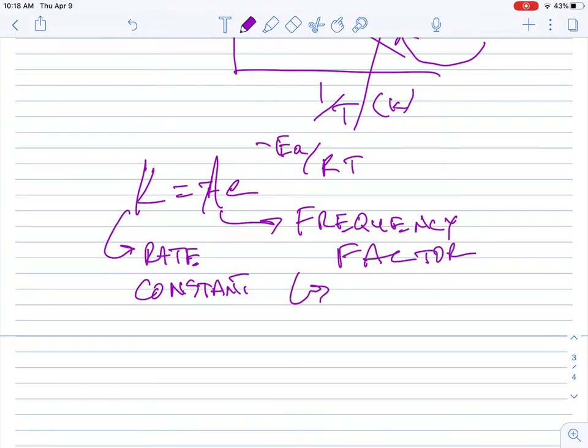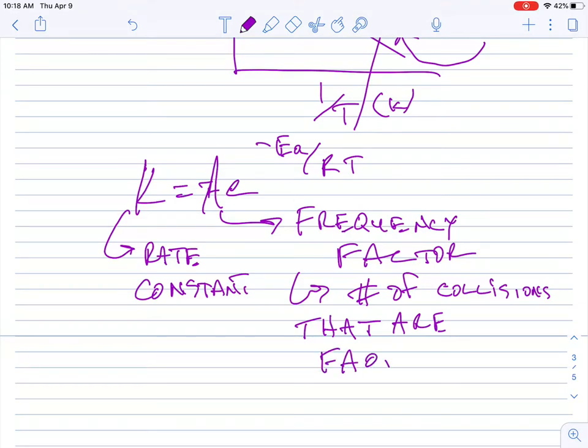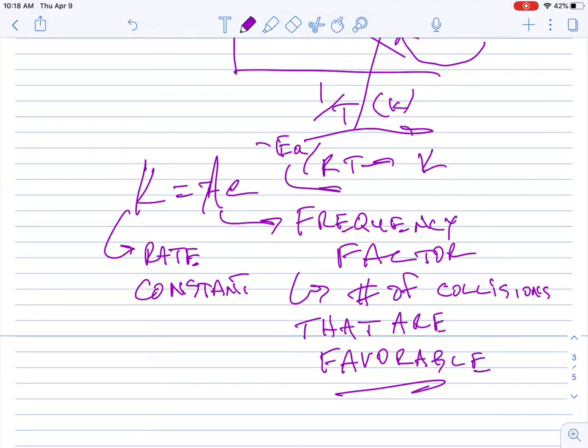And that tells you the number of collisions that are favorable for the reaction to take place. And this is your temperature in Kelvin. And this is your activation energy. Now, everything here, that activation energy has to be in joules. Your R has to be in joules per mole Kelvin. And that temperature obviously has to be in Kelvin.